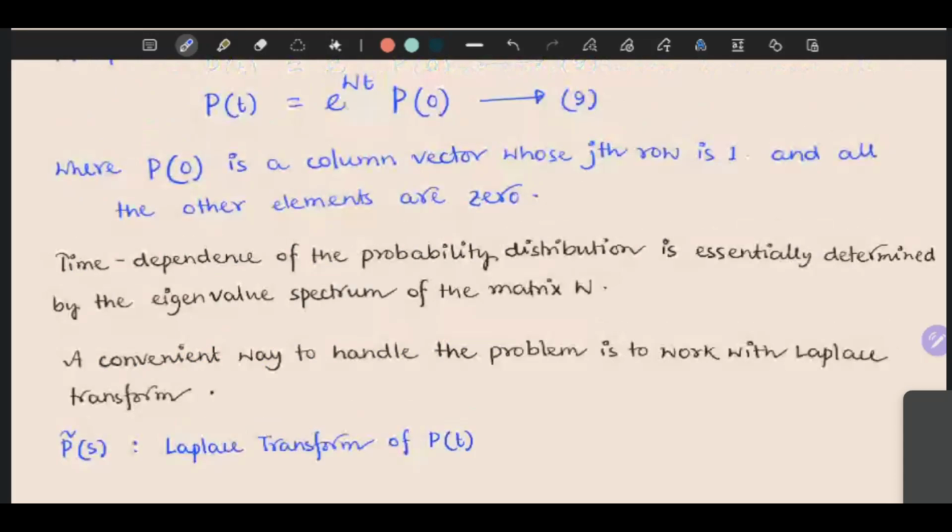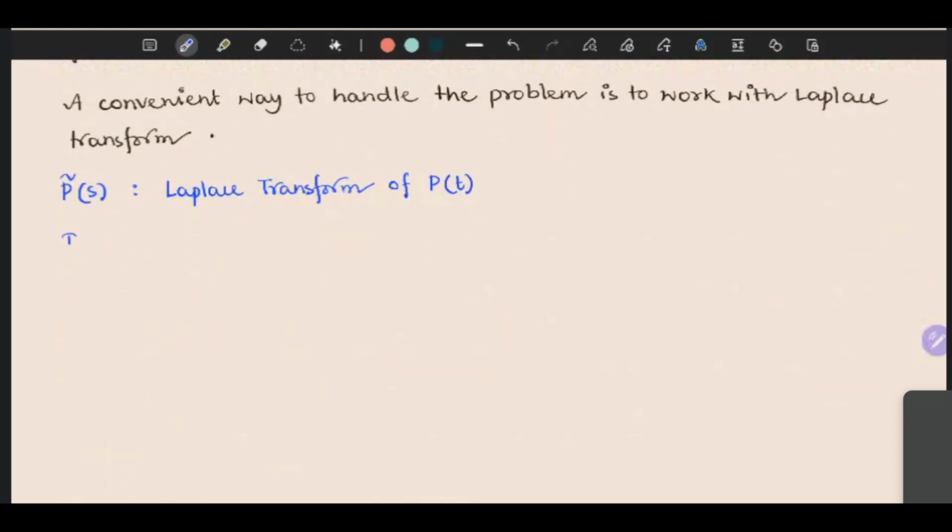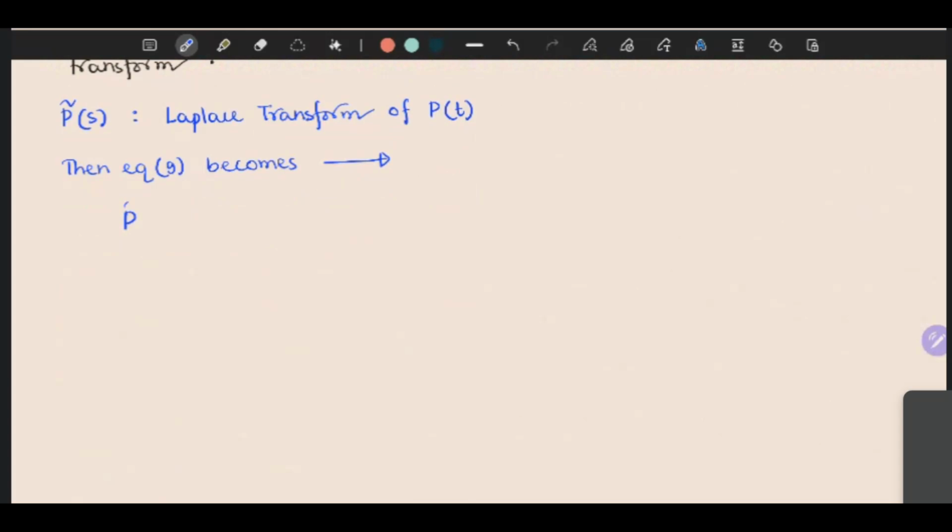So then equation 9 becomes P tilde of s is equal to (sI minus W) inverse, times P naught, which is equation number 10.